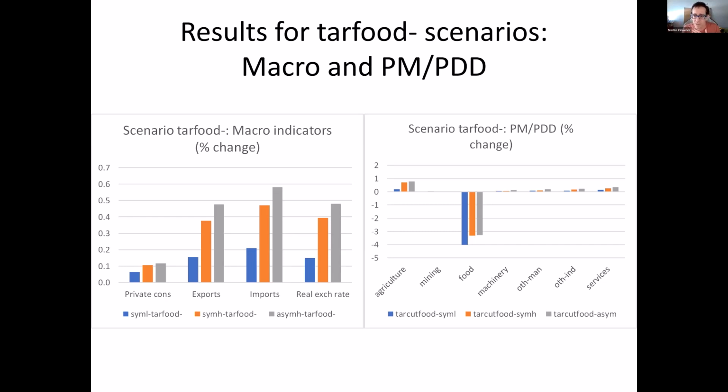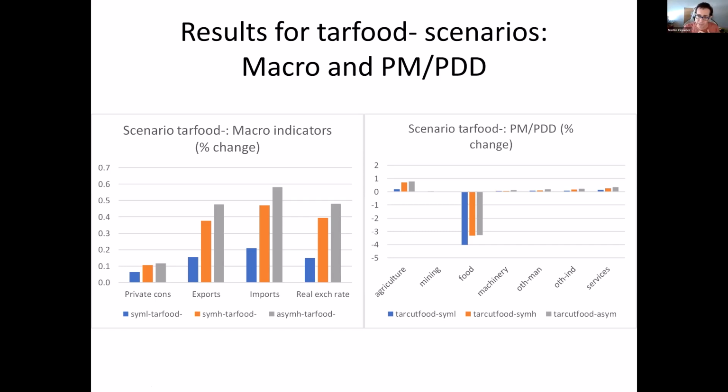And what we see is that the price of food, this ratio for food products goes down because of the decrease in the tariff. For the other sectors, we see that the price goes up because of the real exchange rate depreciation that we need in order to keep constant the current account balance, which is the assumption that we are making.